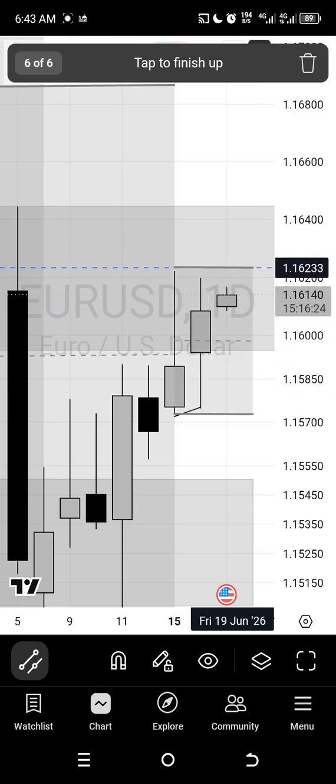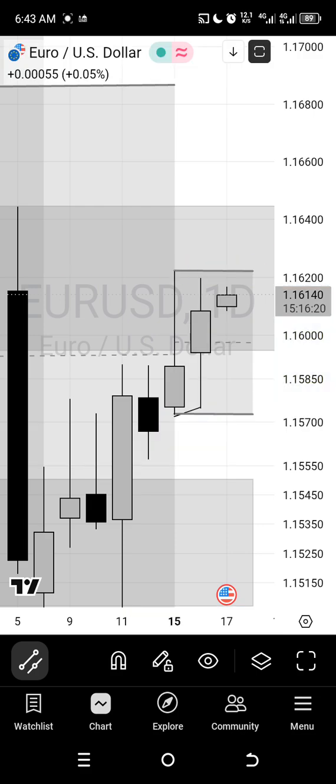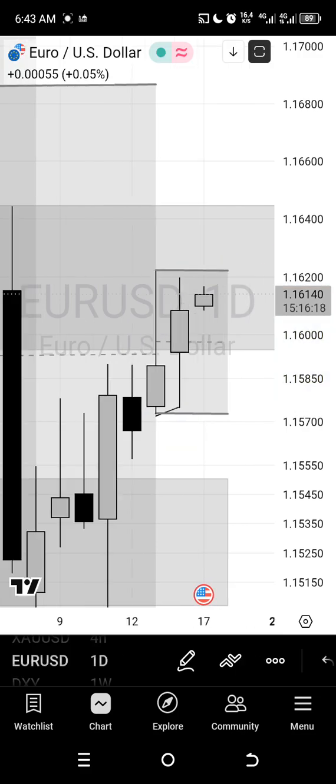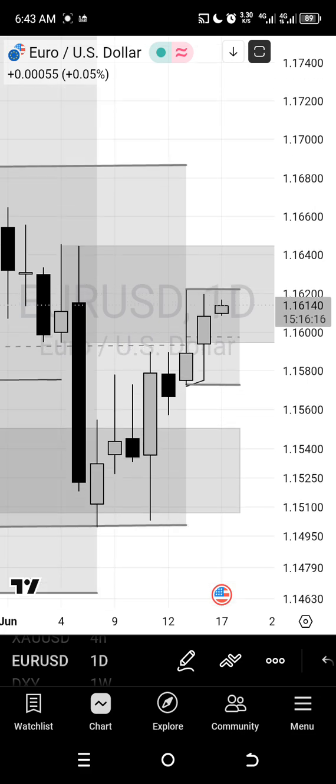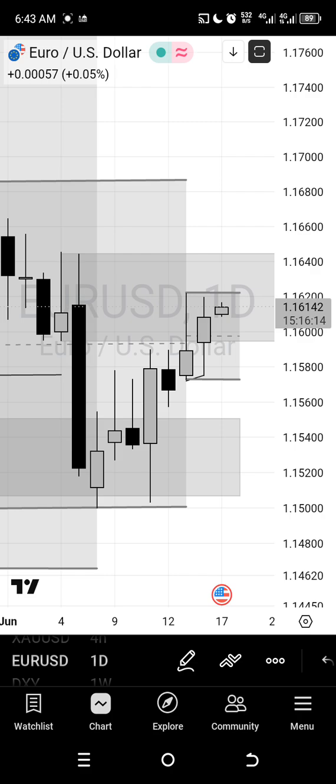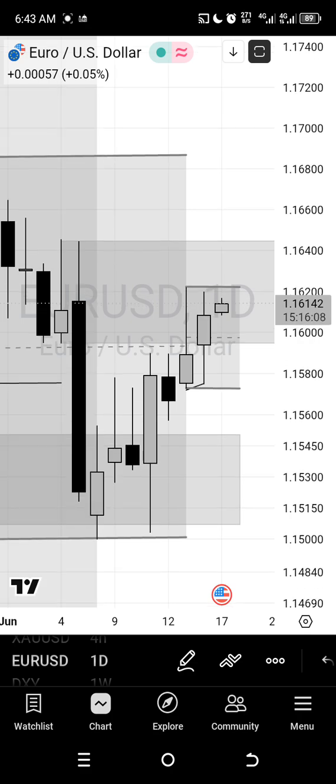Okay, what is the main priority on the daily time frame? On the daily time frame, our main priority is to look for our short-term drawn liquidity, because the weekly time frame already helped us to have our long-term drawn liquidity, the long-term targets, the long-term expectation the particular currency is going to be making.